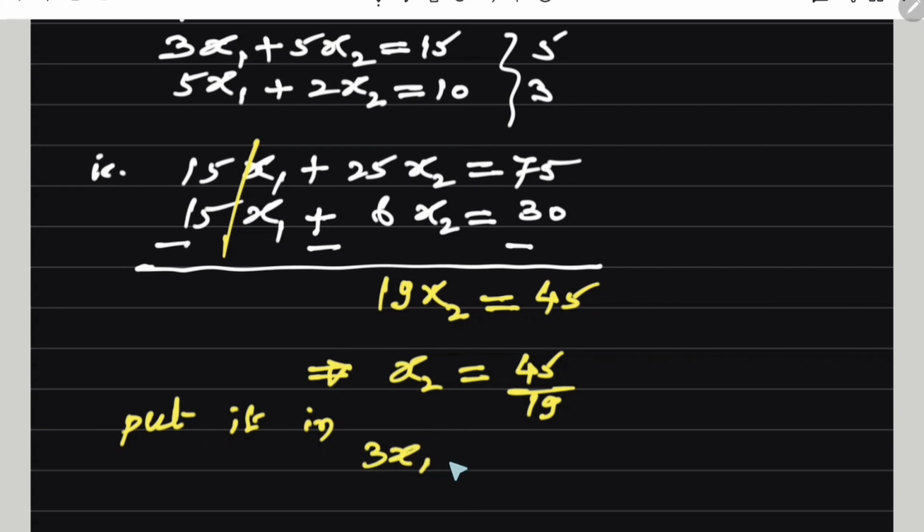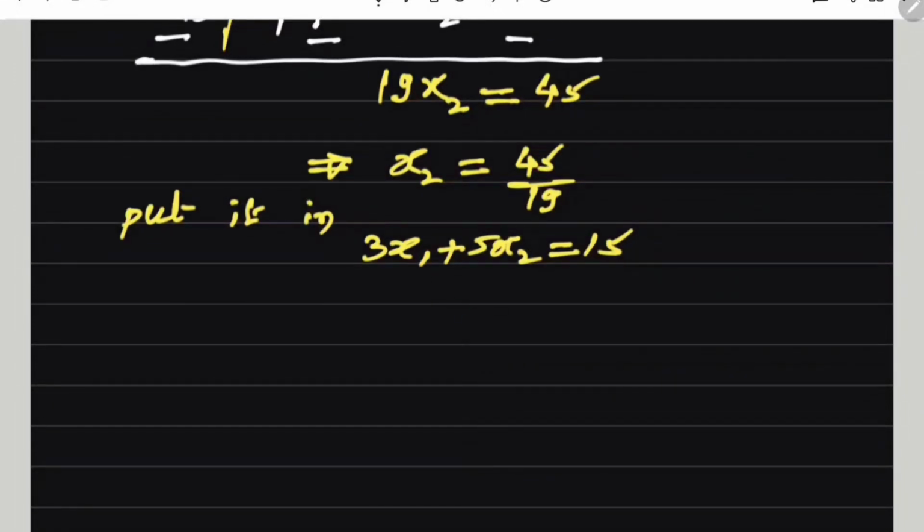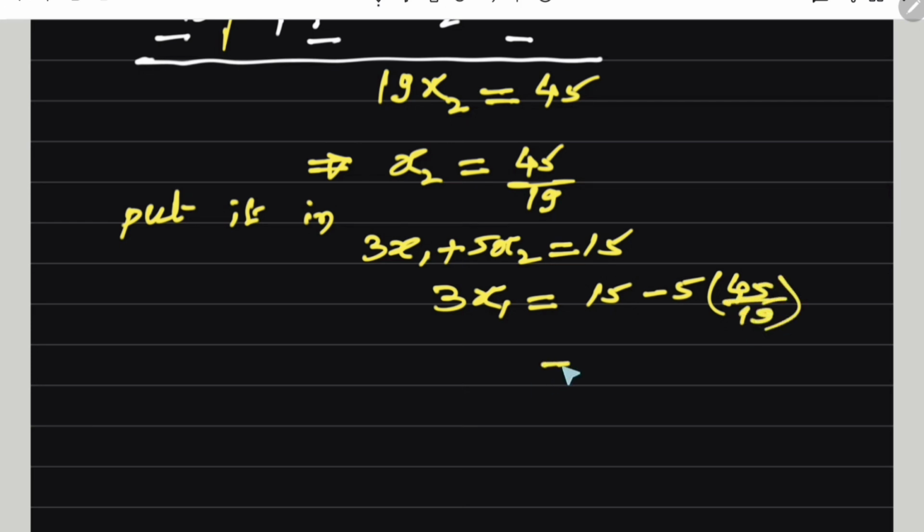Therefore, 3x1 is equal to 15 minus 5x2. Substituting the value of x2 as 45 by 19, dividing by 3 throughout, we get x1 as 15 by 3 minus 5 into 45 divided by 3 into 19.